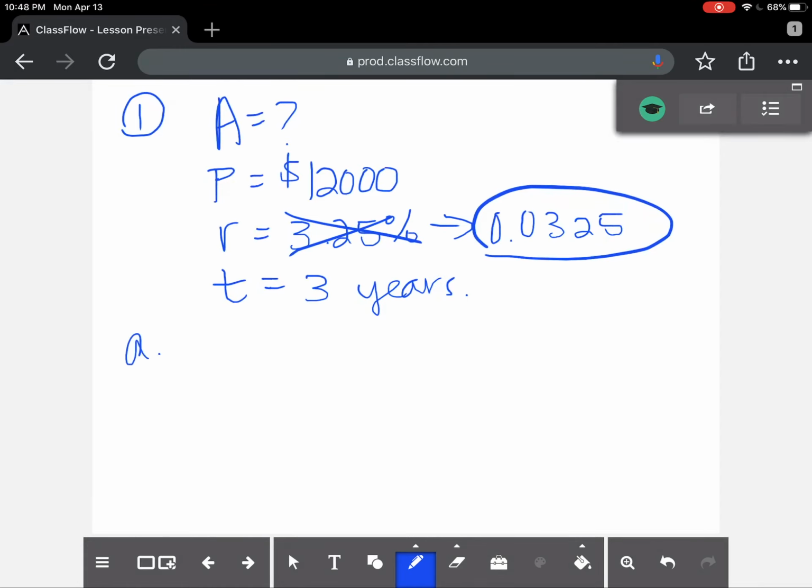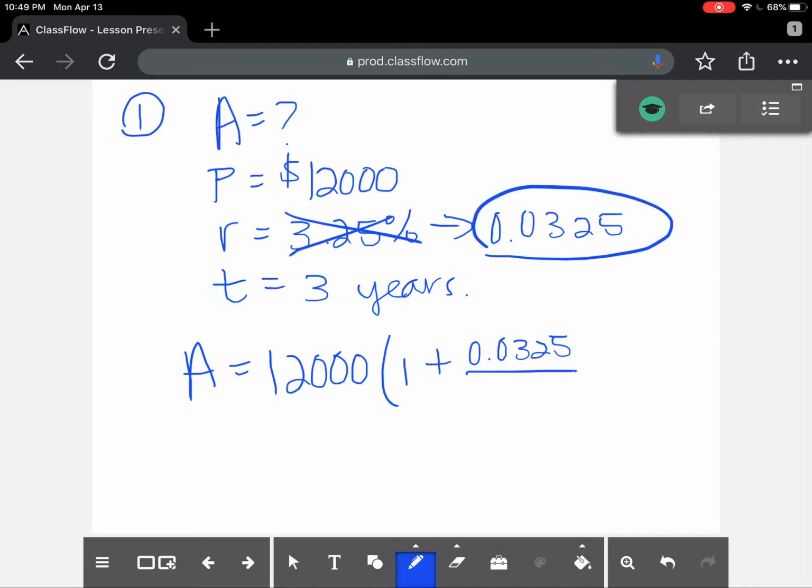Okay, all right, so your parent function of this particular problem is going to be A equals 12,000, because that's your P, no matter if you're compounding annually, quarterly, or monthly, times 1 plus 0.0325, because that is your rate no matter how often you are compounding, over N, raised to the N times 3 power.